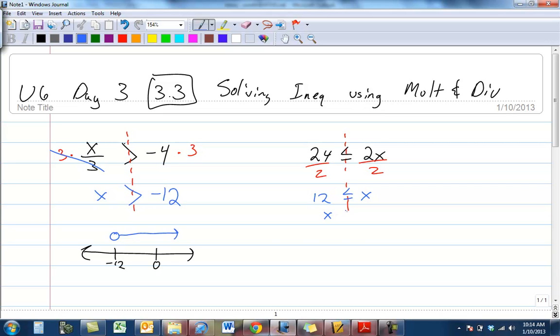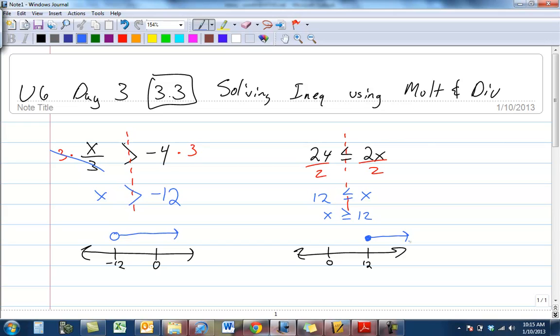I like to write it as x is greater than or equal to 12. Then when I graph this, 2 tick marks. We've got 0 is one of them, and 12 is the other. Above the 12, is this open or closed? This is closed, going to the right.